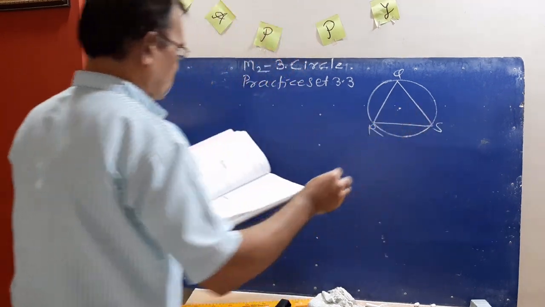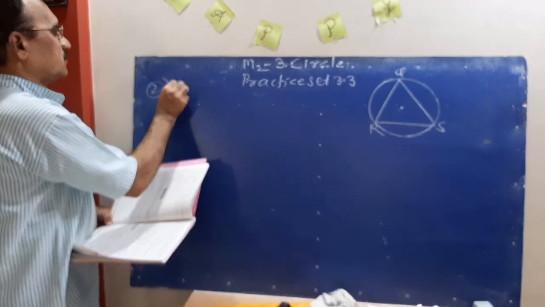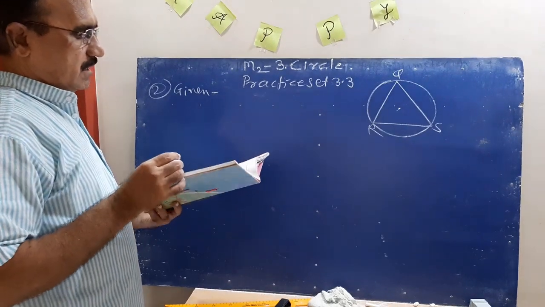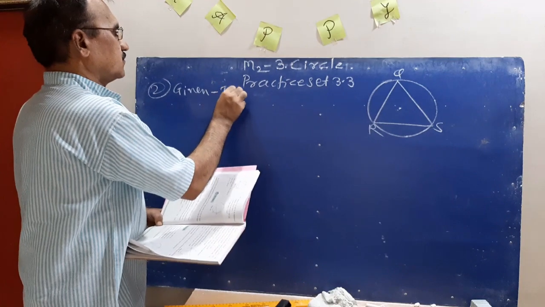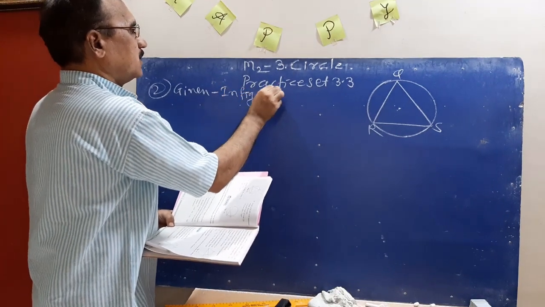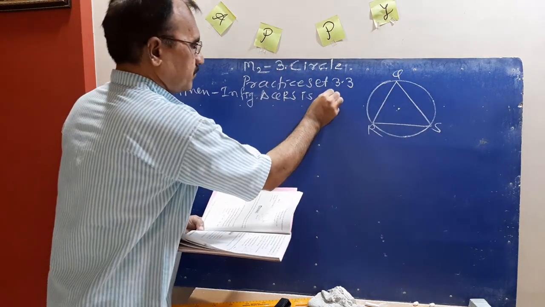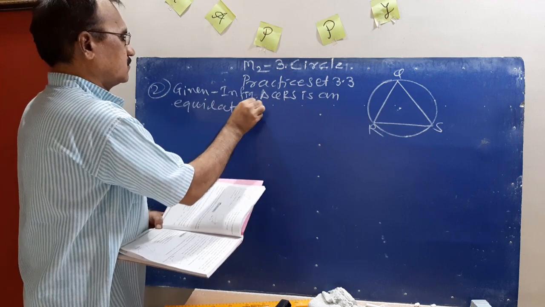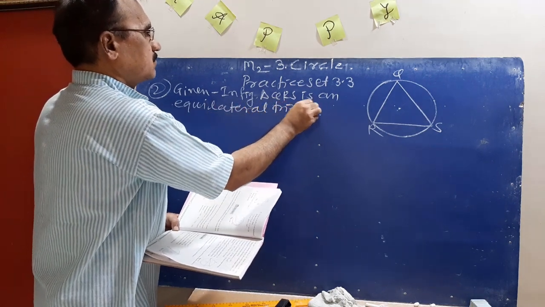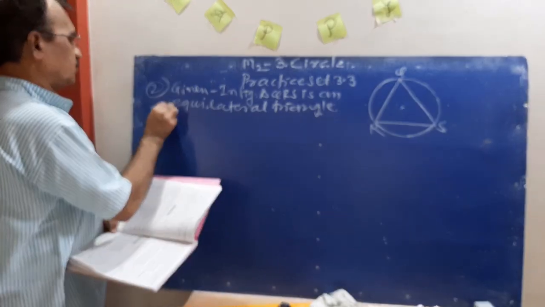This is the center of the circle. I am writing the given directly. What is given? Triangle QRS is an equilateral triangle. And what do we want to prove?